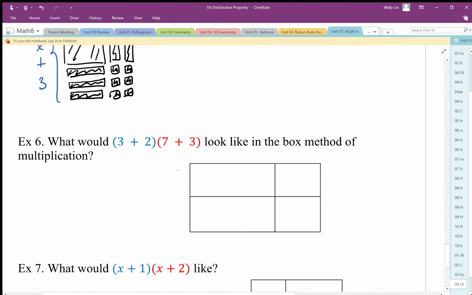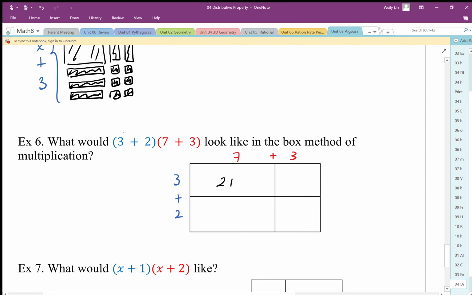And we can show this by just using some numbers here. So 3 plus 2 along the width, and then I'm going to do 7 plus 3 along the length. And I know this answer has got to be 5 times 10. So this has to add up to 50. What's happening here? So 3 times 7 is 21.